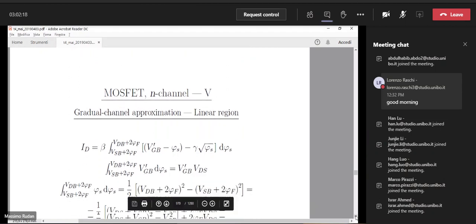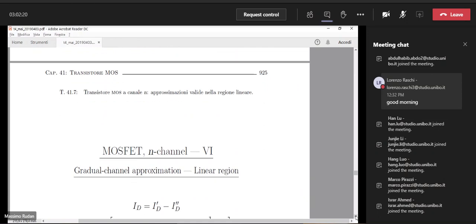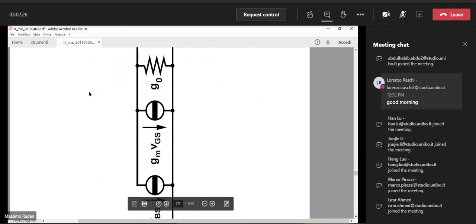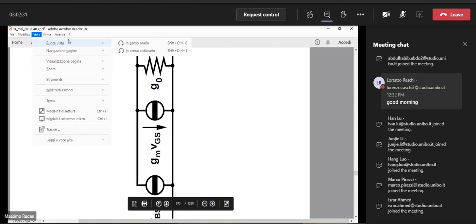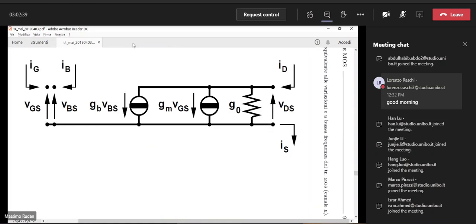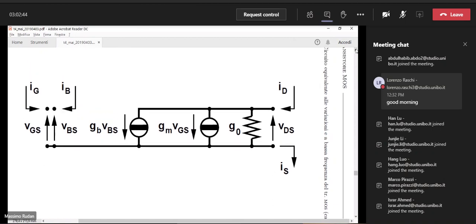So we expect to have 3 branches, and in fact in the full equivalent circuit of the MOS transistor in steady state, we have three branches.